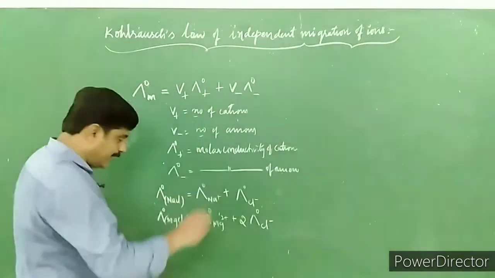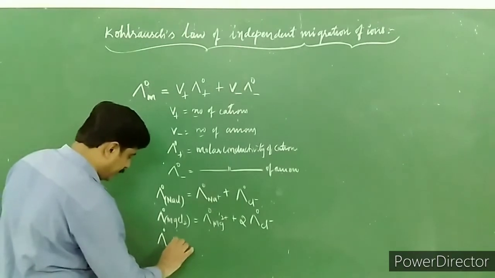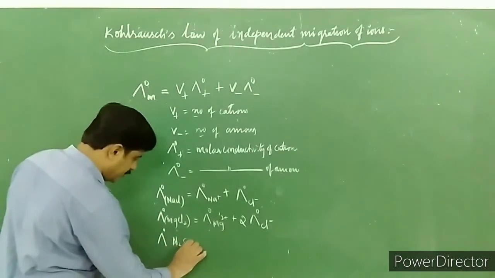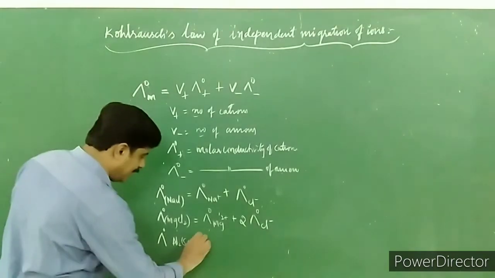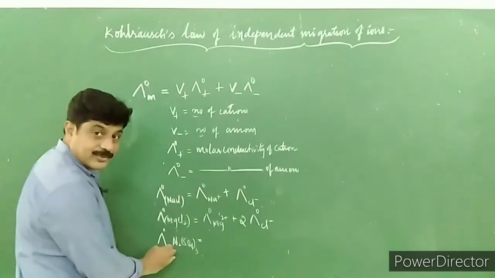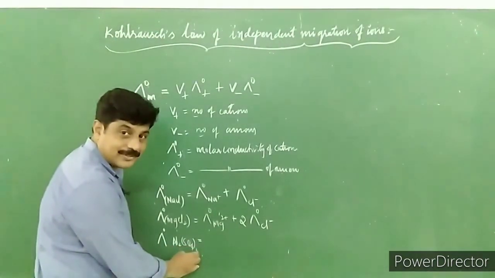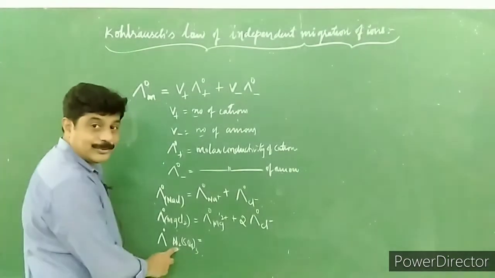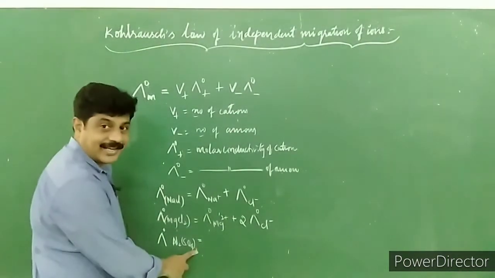Let me go for one more example. Look at here, lambda naught Al2(SO4)3. What is this? Aluminium sulfate. How do I write? Look at here. On dissociation of aluminium sulfate in solution, you are going to get 2 aluminium ions, whereas 3 sulfate ions.